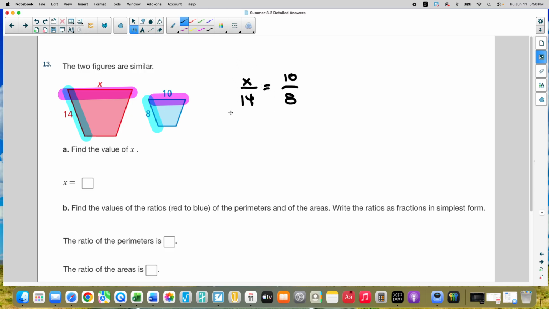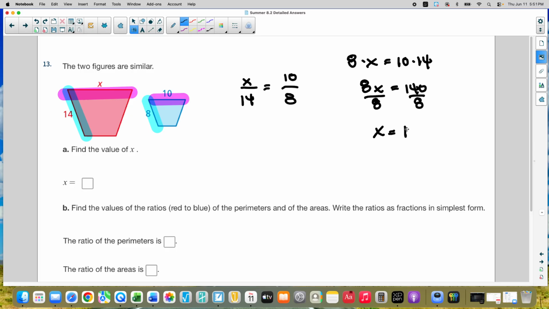We have the same trapezoid, the same side, the same side. Now we can either multiply or cross product. So we would have 8 times x equals 10 times 14. 8x equals 140. Divide by 8.